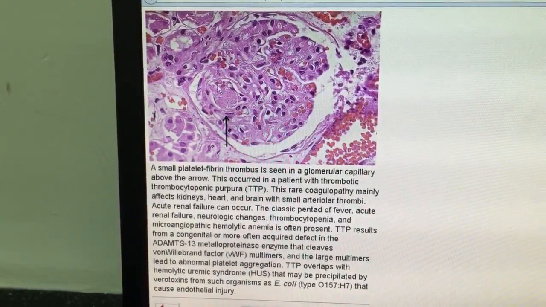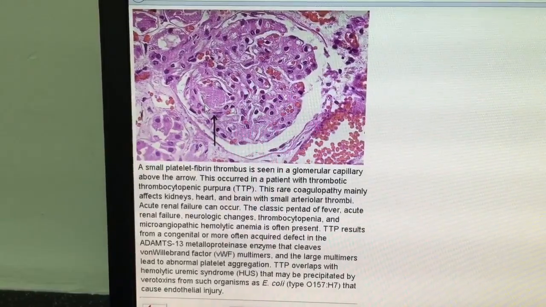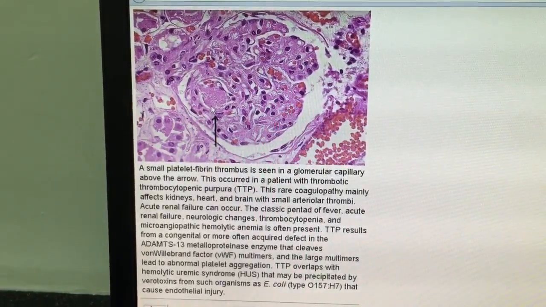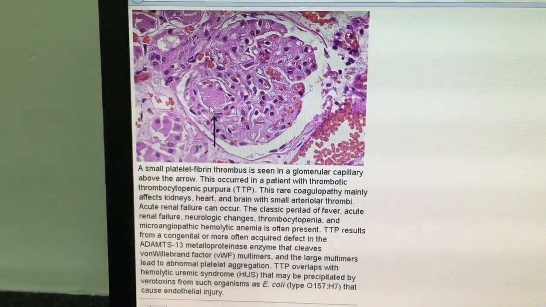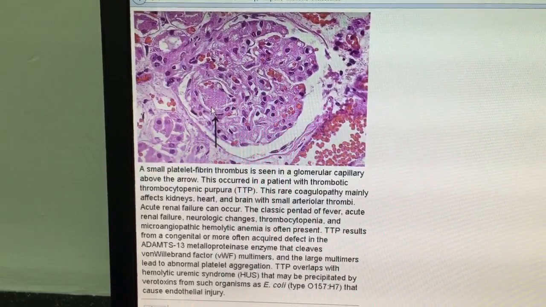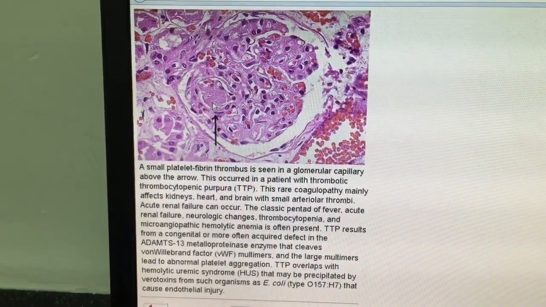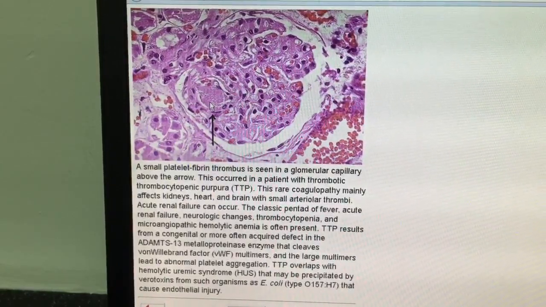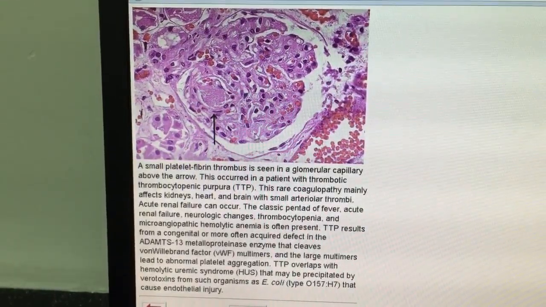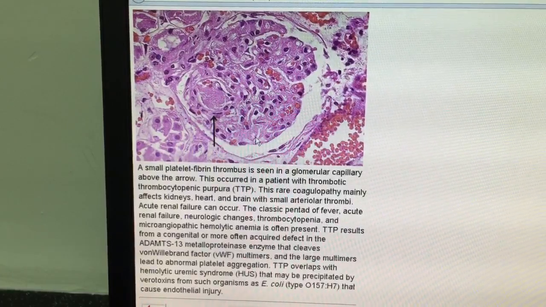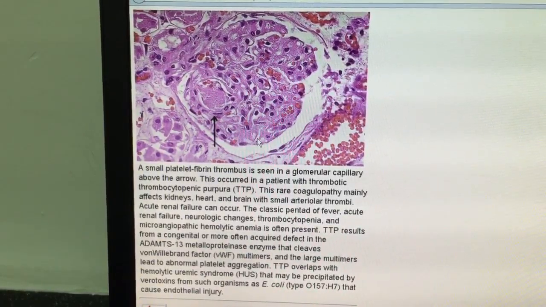Sometimes during examination we face homogeneous eosinophilic material precipitated within the glomerular capillary lumina. This is an example of thrombotic thrombocytopenic purpura, which is a type of coagulopathy that might lead to acute renal failure.